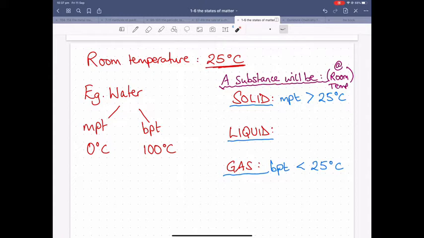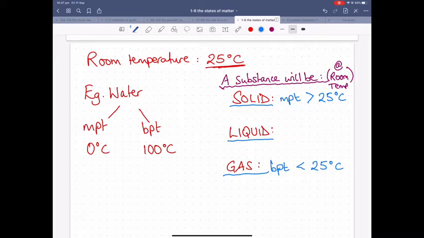Now there's two ways of saying it for a liquid. You can either say its melting point should be lower than 25 degrees C, but its boiling point higher than 25 degrees C. That's one way you could say it, and if you prefer that, then that's what you can write down. But some people prefer saying that a substance is going to be a liquid at room temperature if 25 degrees C, meaning room temperature, is in between the melting point and the boiling point.